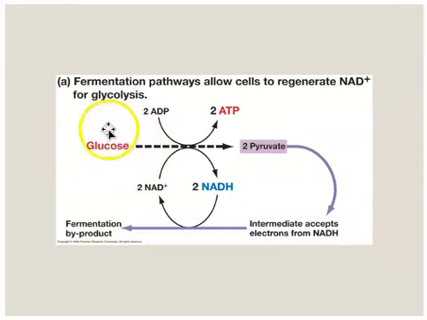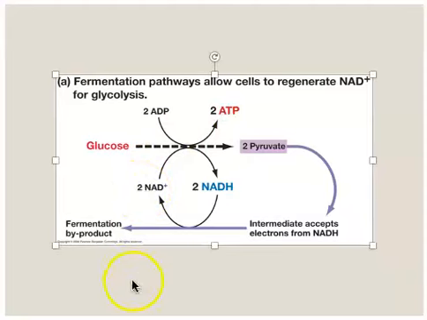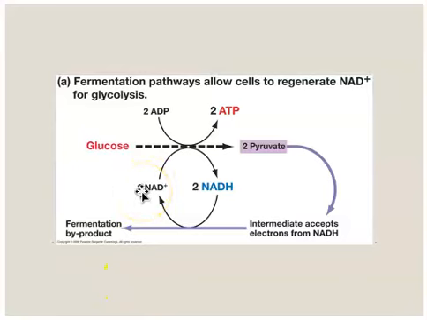The glucose molecule is going to continue to go through the catabolic process of glycolysis, producing pyruvate. And remember, that process of glycolysis makes a net gain of a small amount of ATP through substrate level phosphorylation. It also loads up NAD+ with electrons, creating NADH.